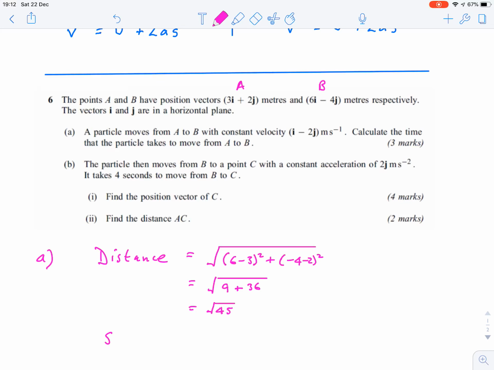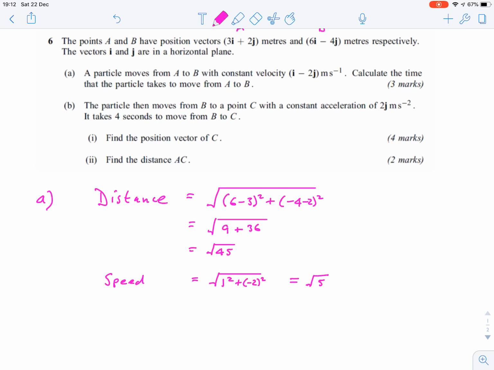The speed I can calculate from the velocity. The velocity is i minus 2j, so the speed is the square root of 1 squared plus minus 2 squared. And that's equal to the square root of 5.